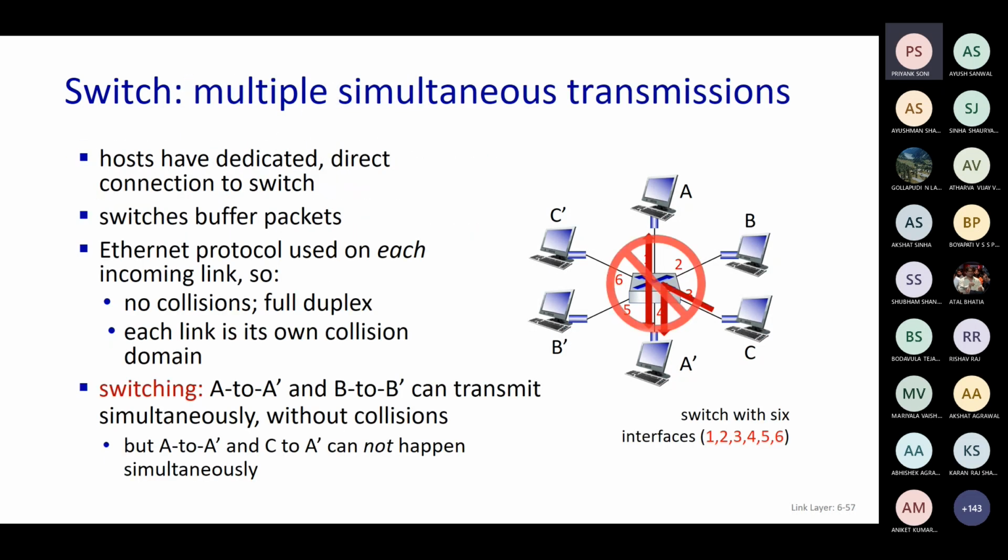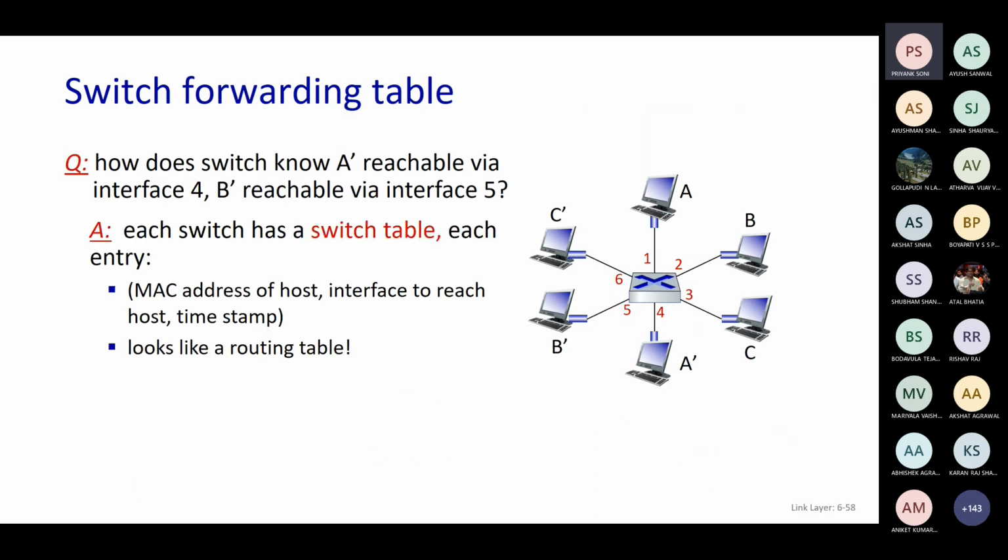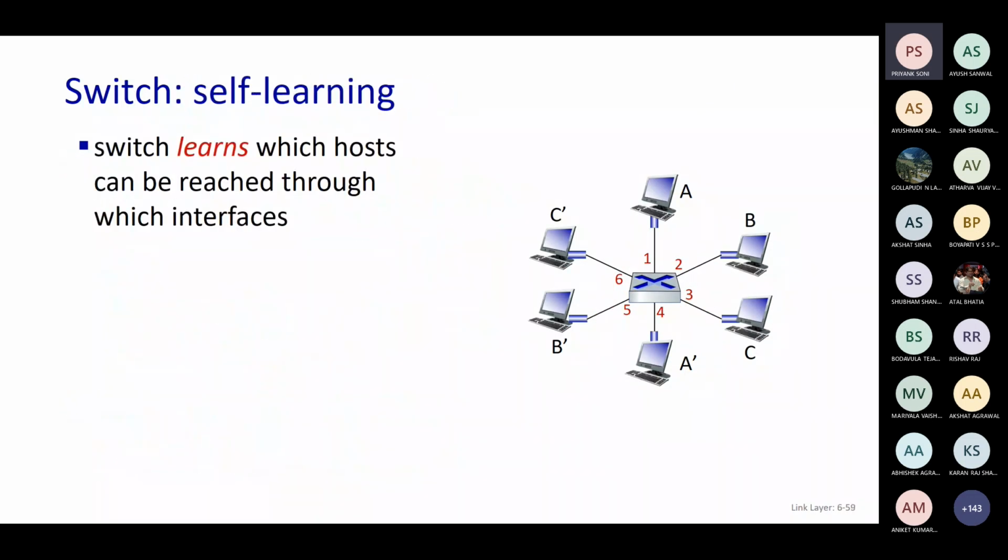I did not tell that at that time, but you will see that in the slide later on. So there was something called self-learning. A switch is actually self-learning. So what is this and how does it help in finding out the corresponding interface?